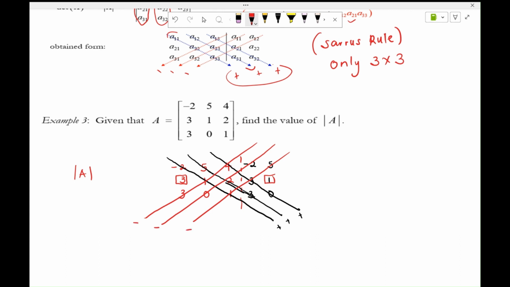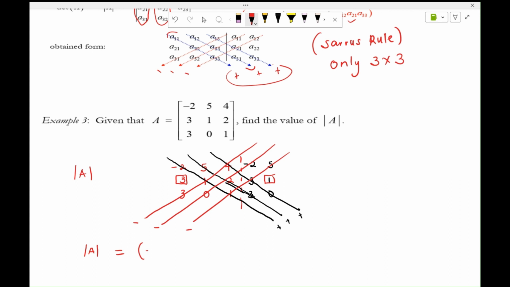Negative. So to find the determinant now of this, our determinant is just going to be, the main diagonal is the black lines. So I just need to multiply. I open a bracket. I'll multiply the elements in the first diagonal here. It's minus 2 times 1 times 1.